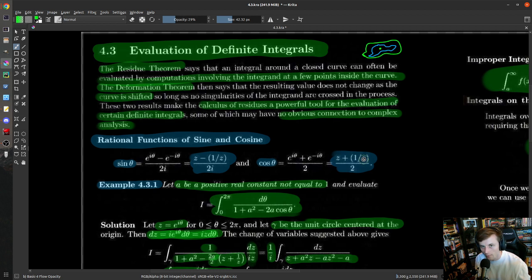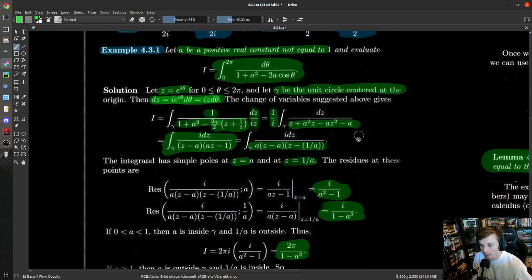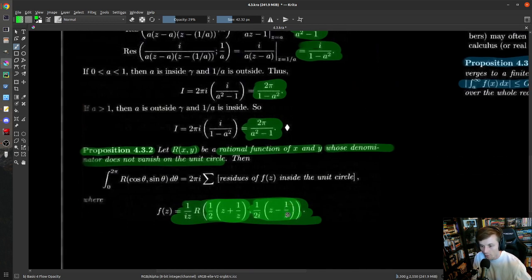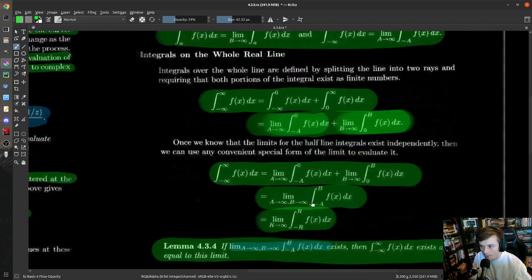Then we'll use the residue theorem on that, and if conditions are right, we'll be able to figure out what the value of that regular old kind of Calc 1 integral is. Okay, so we did a little bit of this, we calculated some stuff, it's just the residue theorem. We got a nice result where you could do this. This will be useful on your homework.